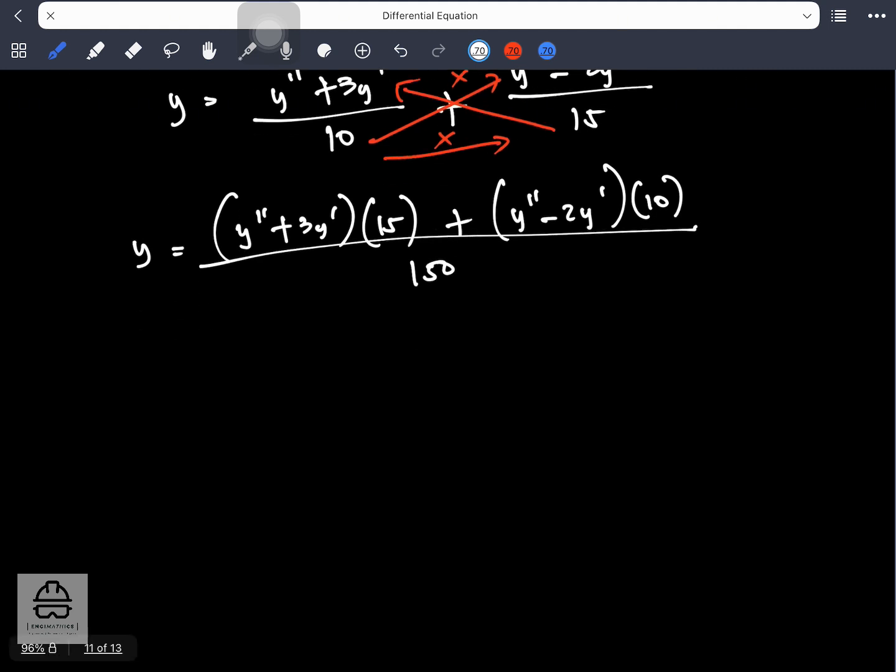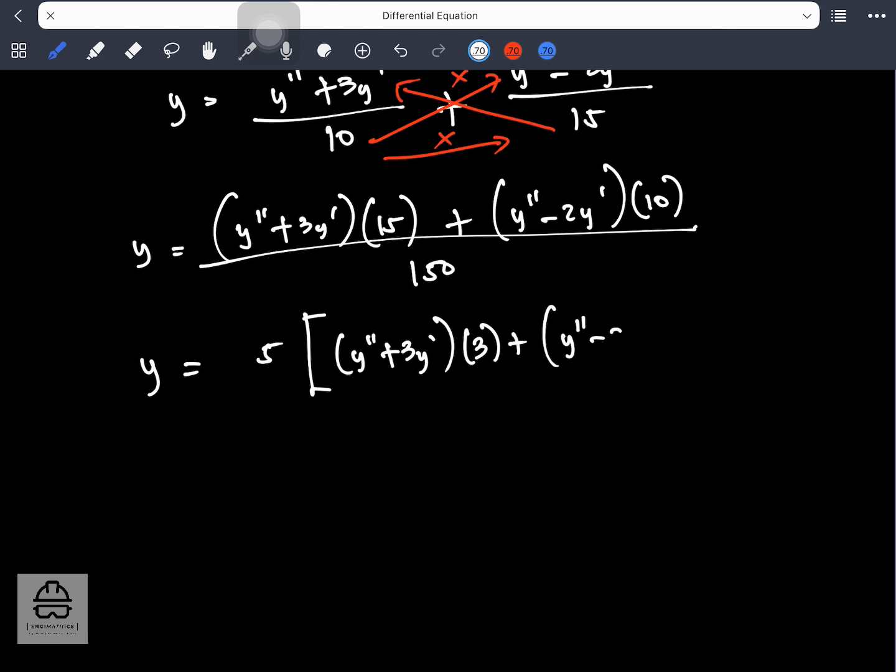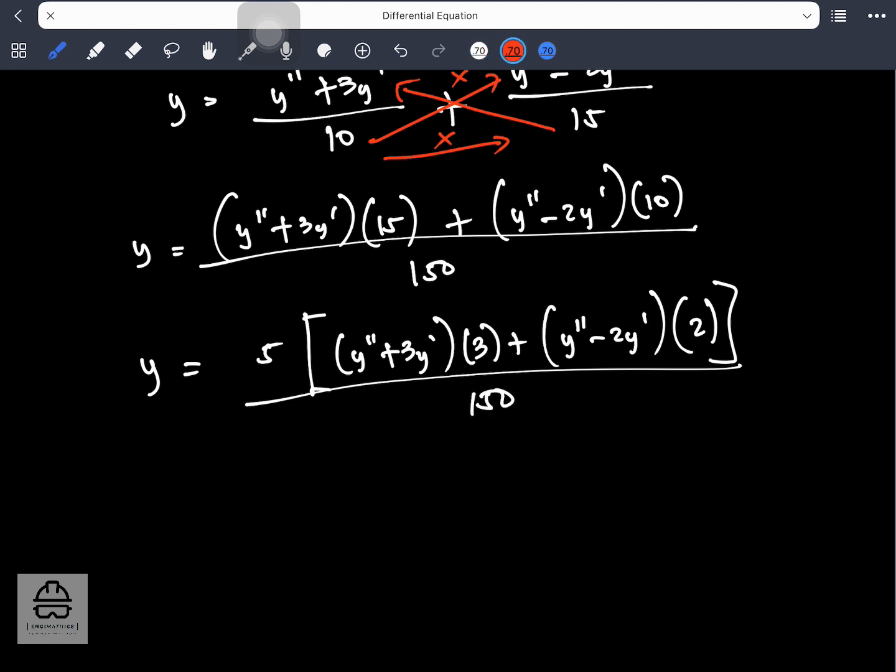So y equals, in the numerator, 5 times y prime prime plus 3y prime times 3, plus y prime prime minus 2y prime times 2, divided by 150.